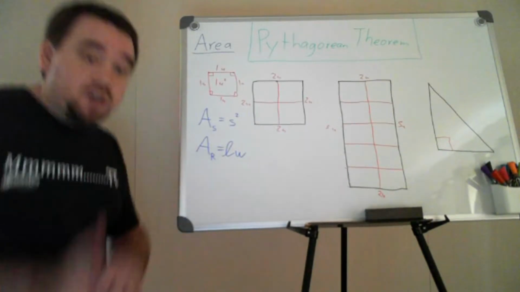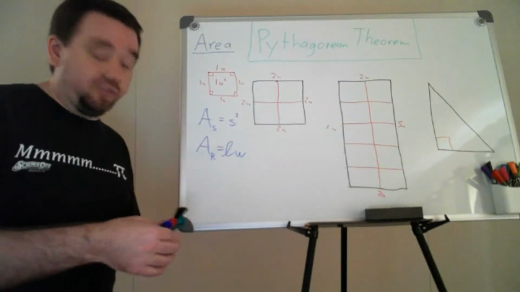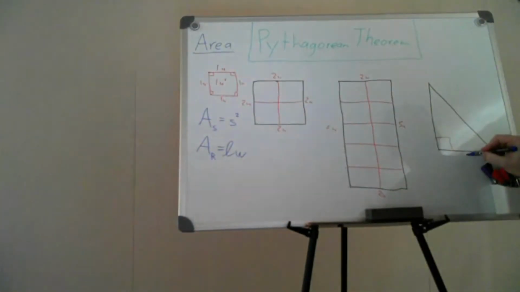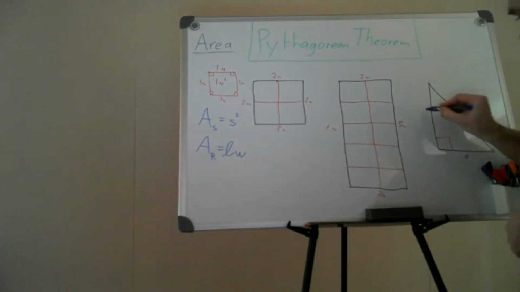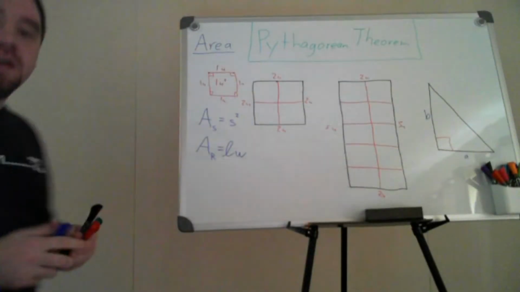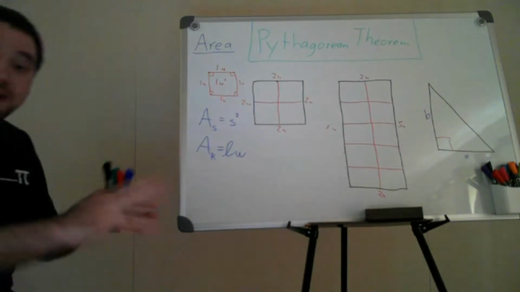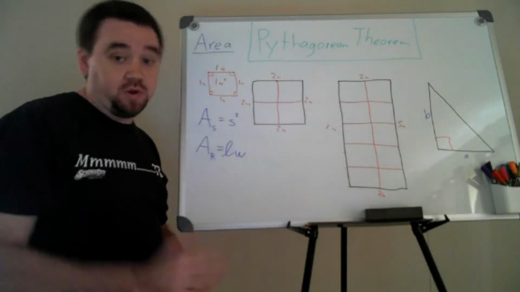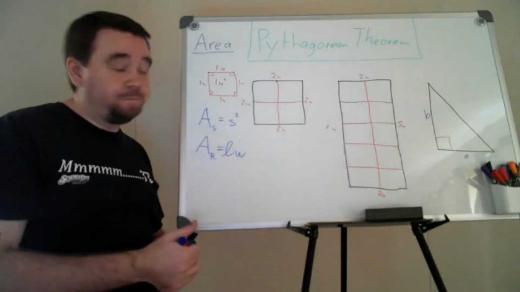Well, I am going to go back to this, and I'm going to label some sides again here. So thinking back to my original right triangle, that's A, and that's B. And those make the right angle, which we saw was very important for the rectangle and for the square. So I know they've got to be important for the right triangle.